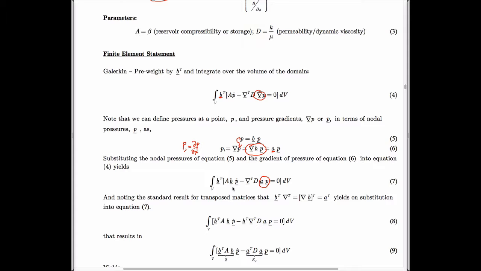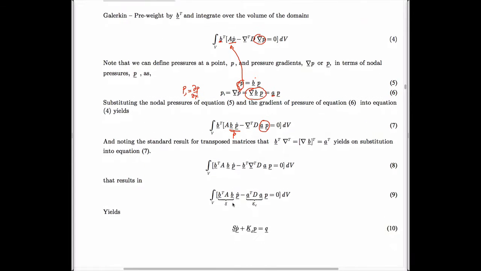We've substituted in, this is the same as it was before, which hasn't changed, except instead of making this the pressure change at a point, we make it the pressure change at the nodes multiplied by B. So that's just this substitution. So take this and stack it in here, and that's exactly what this is, BP. This is just P dot. So the underline means it's nodal values. It's doing exactly the same as we did on the handwritten part.